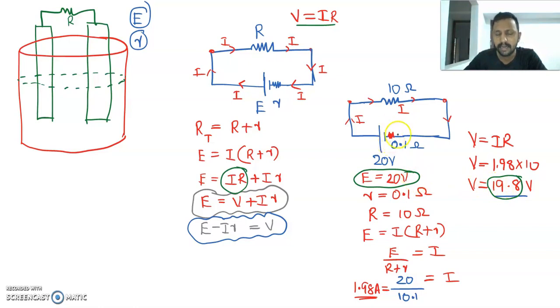That is, there will be a potential drop across the internal resistance of the cell. That's the reason why EMF is greater than voltage. Voltage is slightly less than EMF because there is a potential drop across the internal resistance.